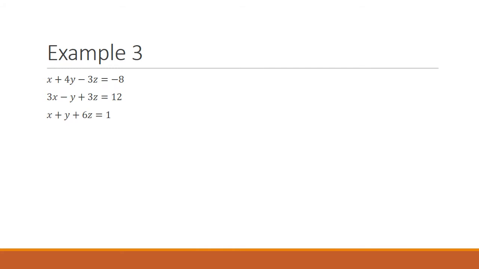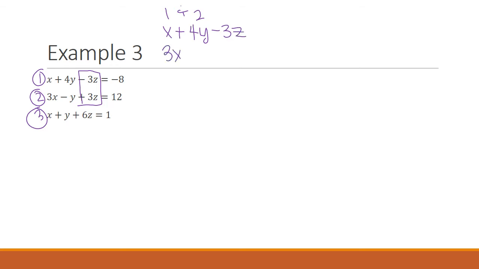Okay, so for this one, I'm going to call these equations 1, 2, and 3. I noticed here that my z's are opposite of each other, so I'm going to go ahead and cancel out my z's in this one. I'm going to start with 1 and 2, and I've got x plus 4y minus 3z, and 3x minus y plus 3z.